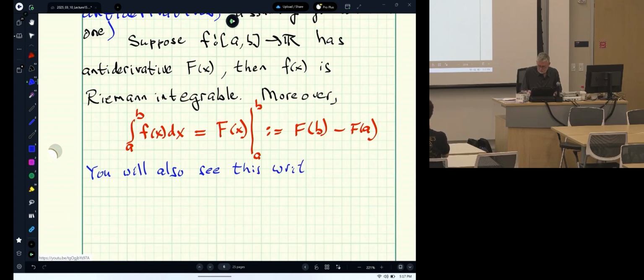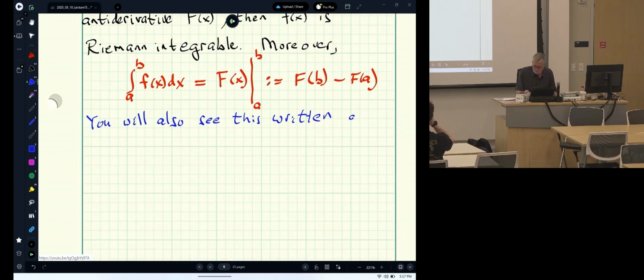You'll see this written in several different ways. Integral a to b f prime of x dx equals f of x from a to b.